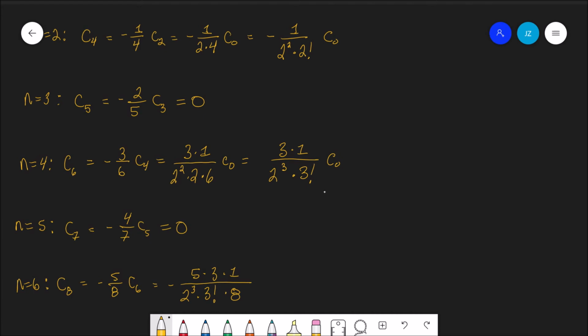But 8 is 2 times 4. So we now have negative 5 times 3 times 1 over 2 to the 4th times 4 factorial, c sub 0. C sub 9 is going to be the n equals 7 term, and you'll easily see that that is 0. You want to keep doing this until you can see a pattern.